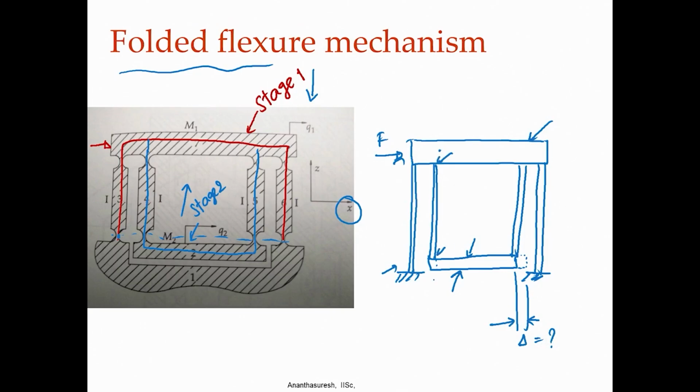Now, these two will be in series, and you can identify the arrangement, whether it is series or parallel, and get the result for any configuration of compliant mechanism. We have seen quite a complicated set of flexure mechanisms in the last 2 lectures. For doing that, we have to go to finite element analysis. Towards that, we will look at MATLAB codes and try to analyze this parallel motion flexure.